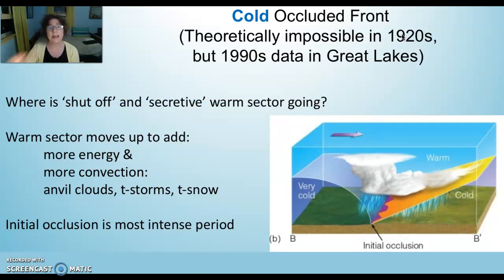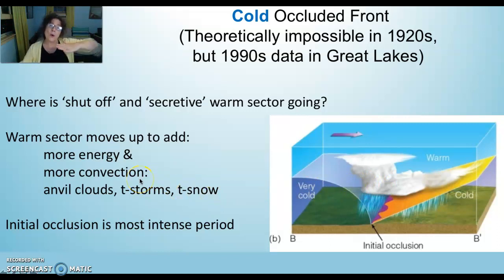The warm sector in a cold occluded front actually moves up into the upper levels, so that it's no longer seen at the surface, so it seems kind of secretive. It's no longer there. In the 1920s, when this was all published, nobody was doing upper level research, so if this moved up into the upper level atmosphere, it effectively was magically gone.